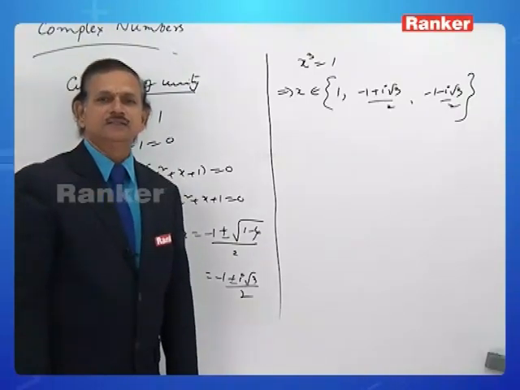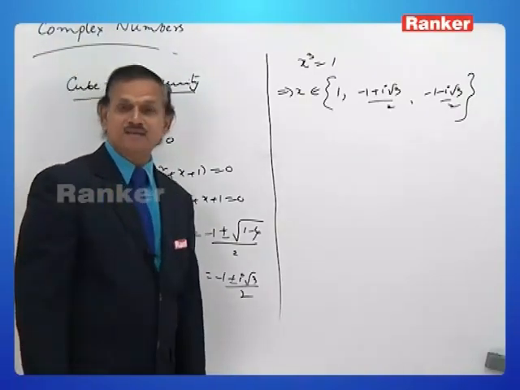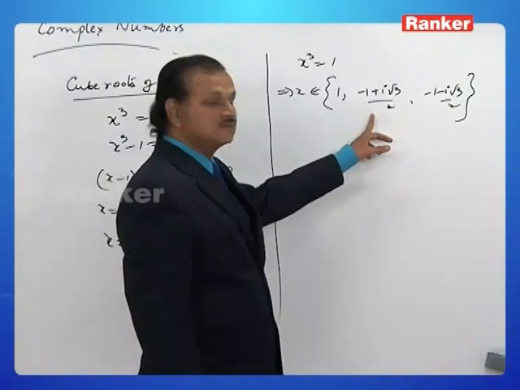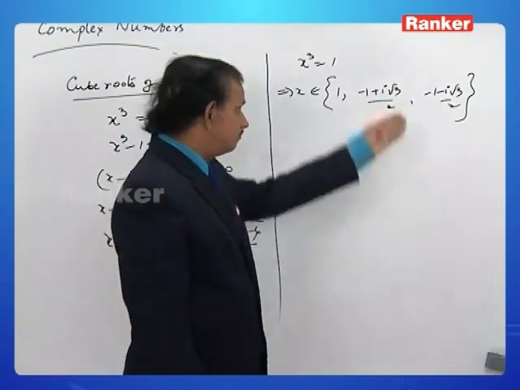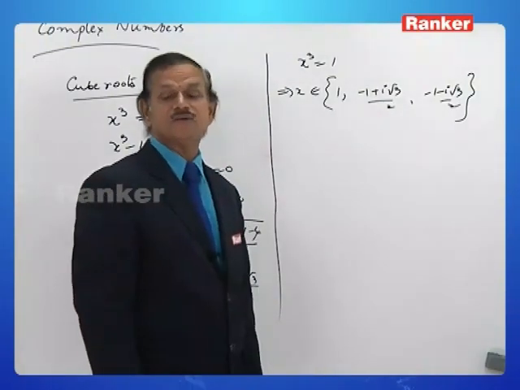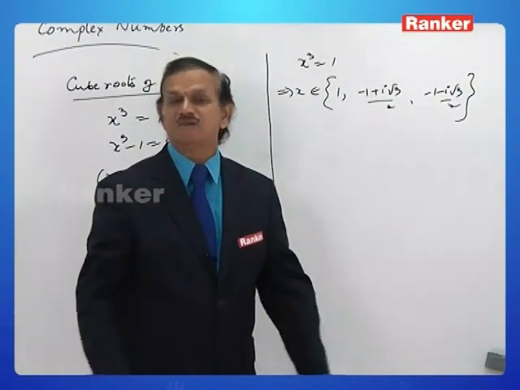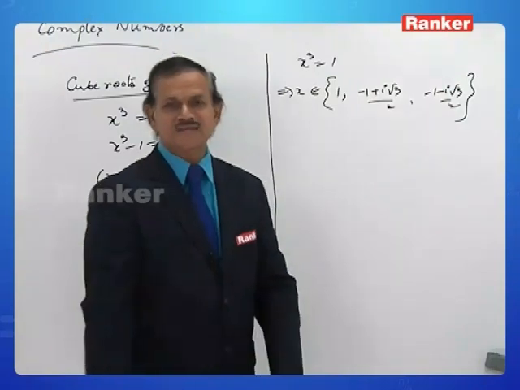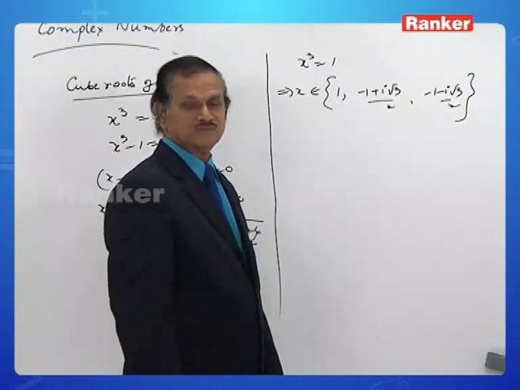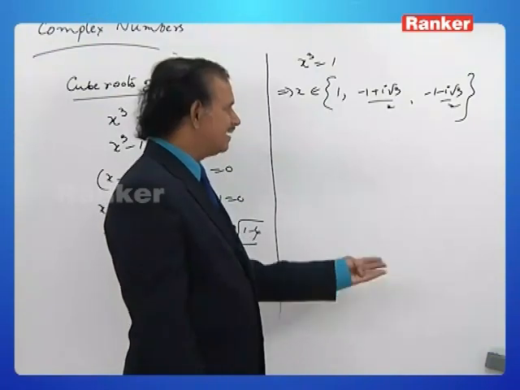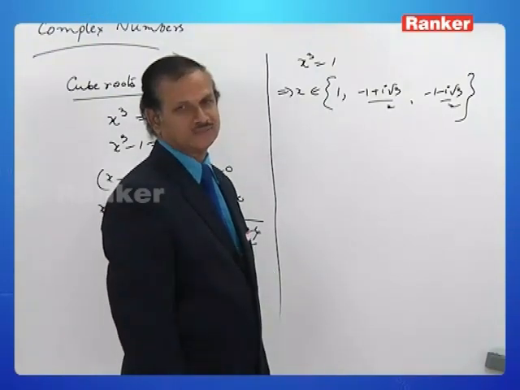Here, the special item that can be observed is, you square this, (minus 1 plus i root 3 by 2) whole square. What happens? It becomes minus 1 minus i root 3 by 2. That is the miracle here in complex numbers. The square of this complex number is obtained as another complex number.